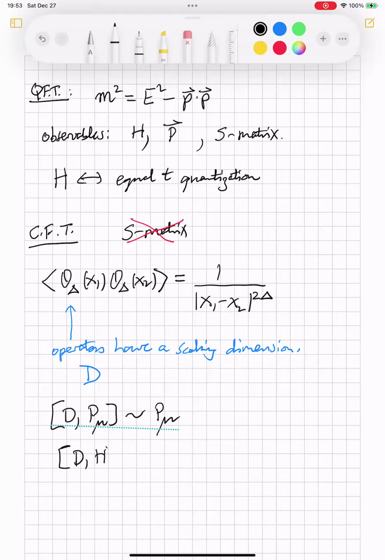But the point is, if you calculate the commutator of the dilatation operator with the Hamiltonian, this is proportional to the Hamiltonian again. So if you're dealing with any state with a non-zero energy, the dilatation operator and the Hamiltonian do not commute. So you cannot find operators that have both a good scaling dimension and a good energy. So we now decide that we're going to study these scaling dimensions.